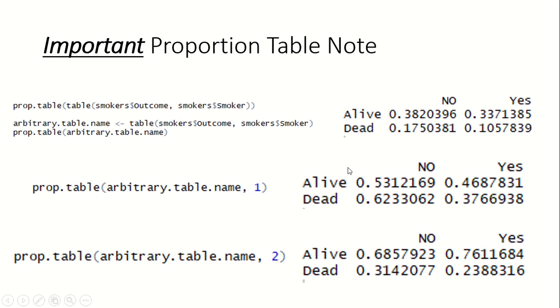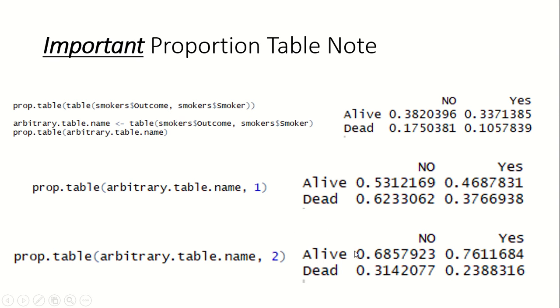That would be 38%. With 1 where the rows add to 1, I could ask, of the people that are alive, how many smoked? And the answer would be about 47%. I could also ask, out of the people who are dead, anything regarding alive or dead because they're the X that's being summed to 1.